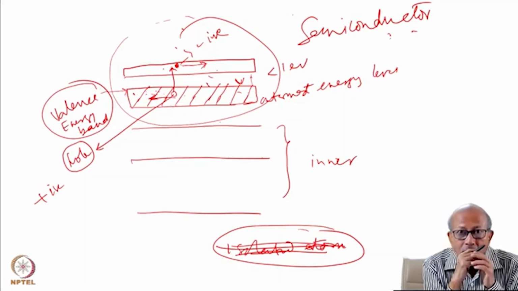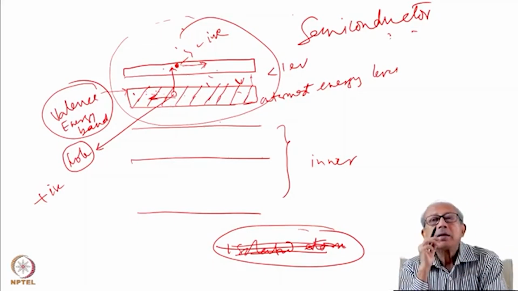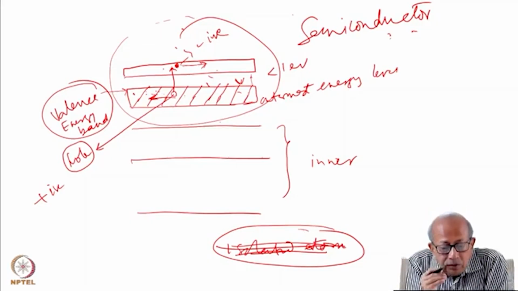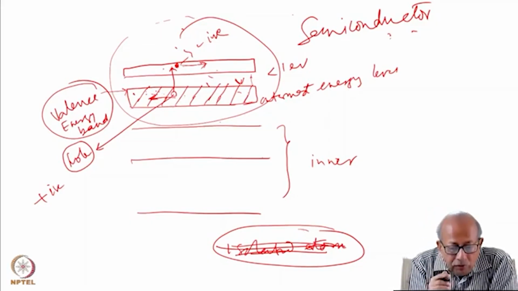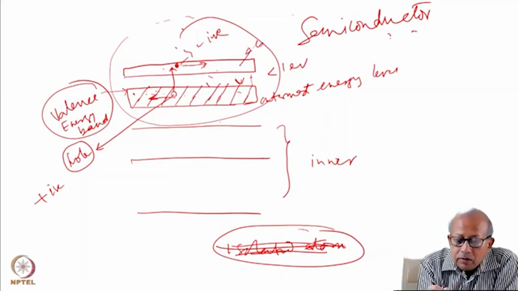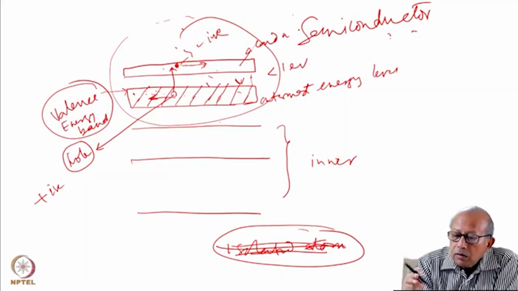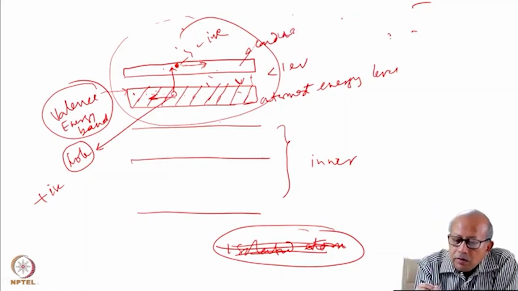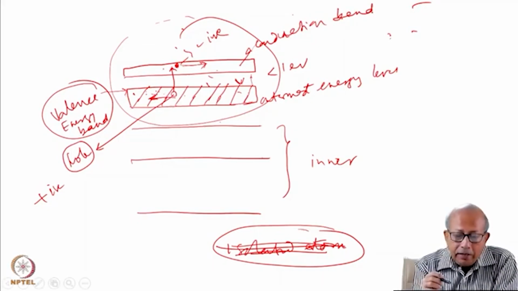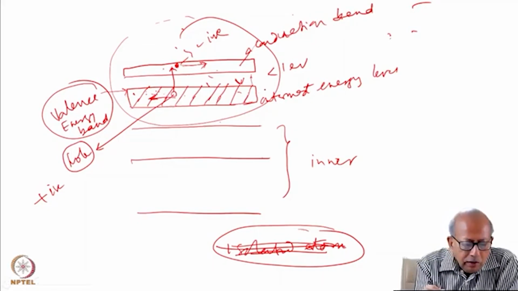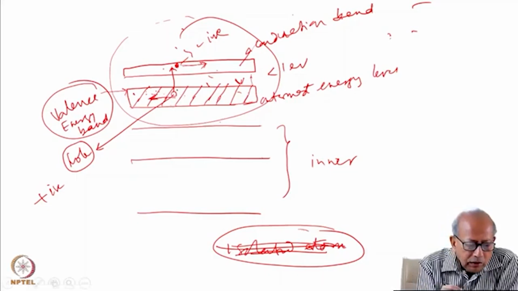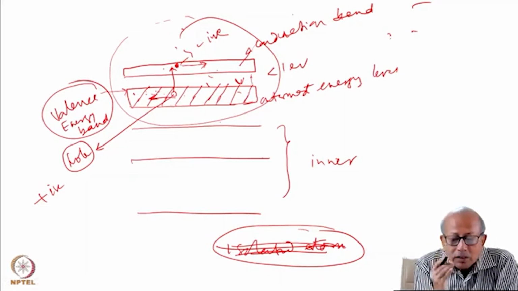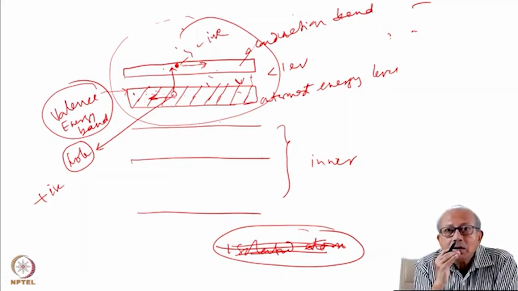Therefore, the conduction in a semiconductor arises from the motion of both electrons in the conduction band and holes in the valence band. This makes a semiconductor significantly different from a metal.